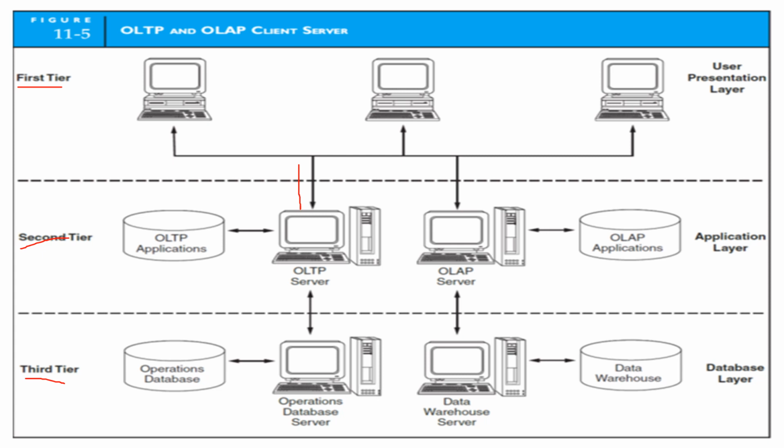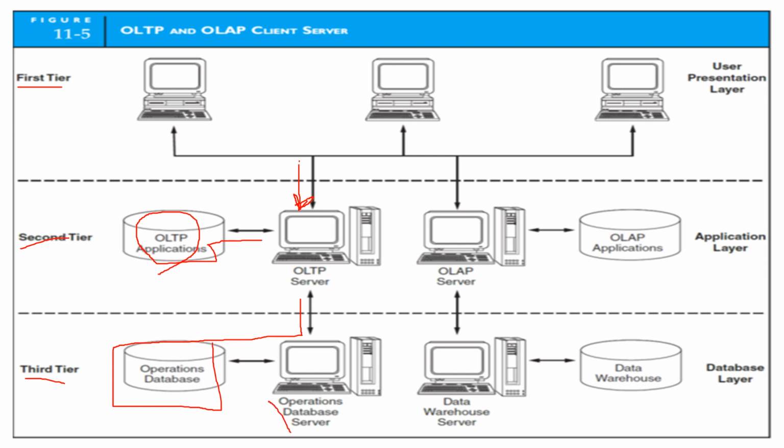When they acquire information from the OLTP server, in the second tier is the OLTP database application, which will be connected to the specific operational database.